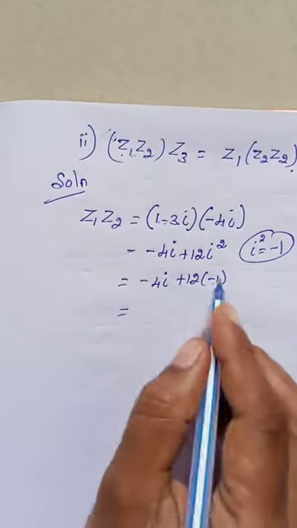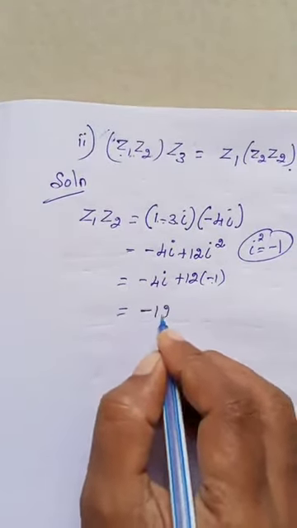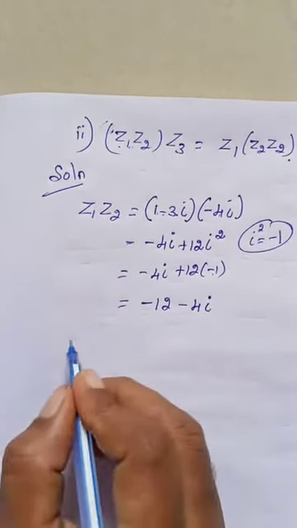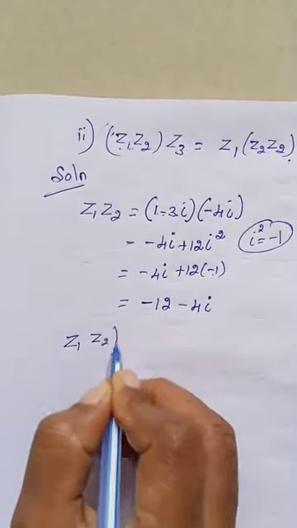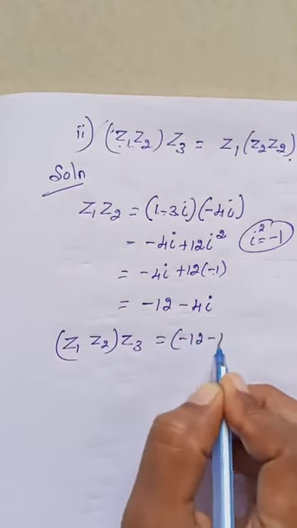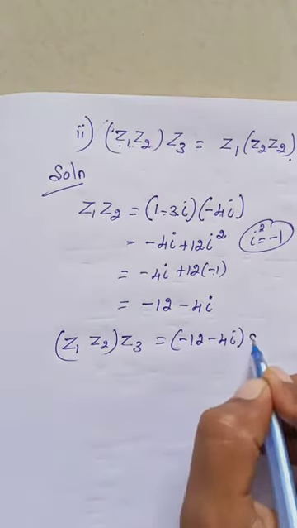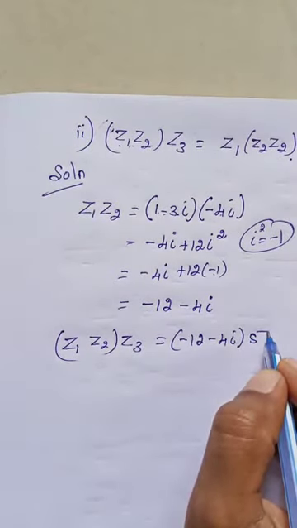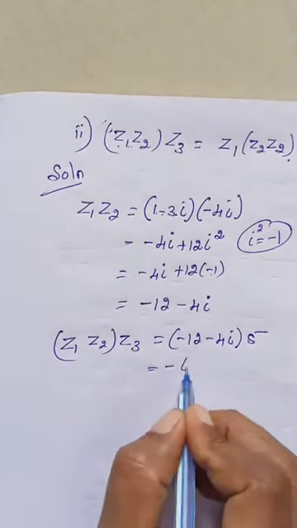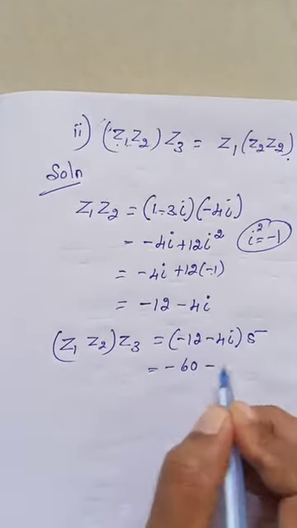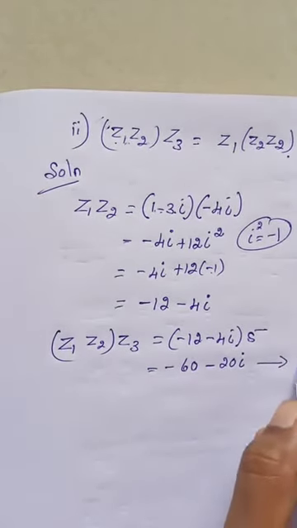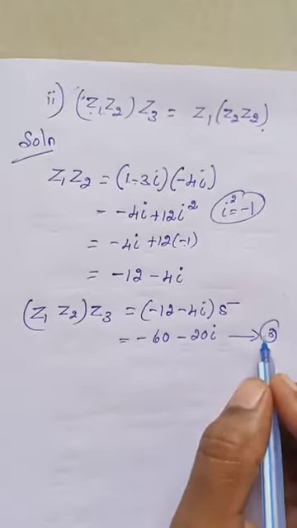Writing the real part first, that is minus 12 minus 4i. Now the left hand side together, Z1 into Z2 into Z3: minus 12 minus 4i into Z3, whose value is 5. Now multiply: minus 12 into 5 is minus 60, minus 4 into 5 is minus 20i. Taking it as equation number 3.